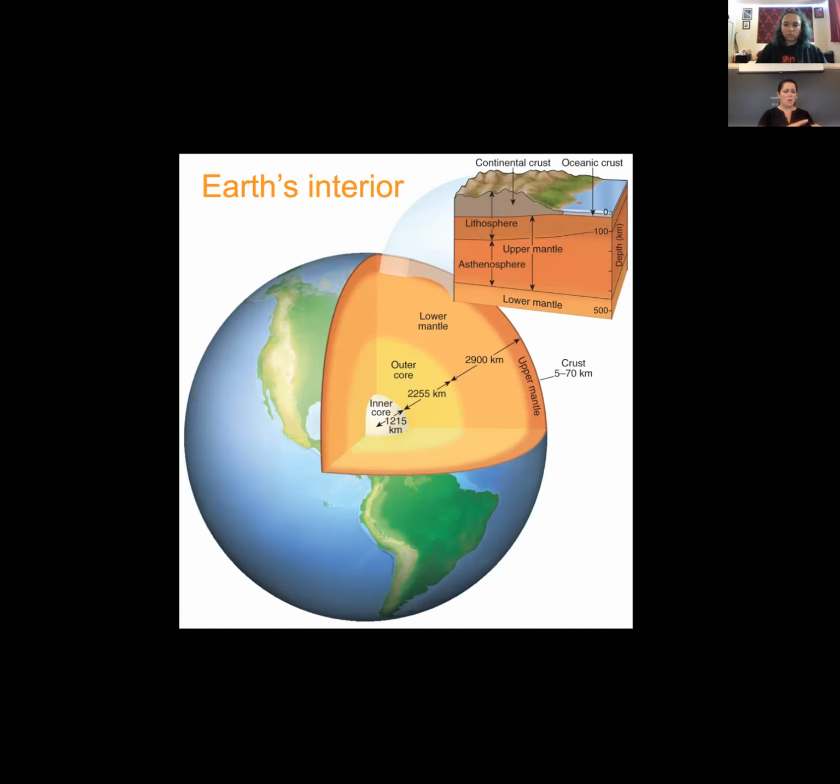It's got more silica, silicon and oxygen. It's got more sodium, more potassium, and more aluminum, broadly, than the mantle. The mantle is iron, magnesium, silicon, and oxygen, basically.